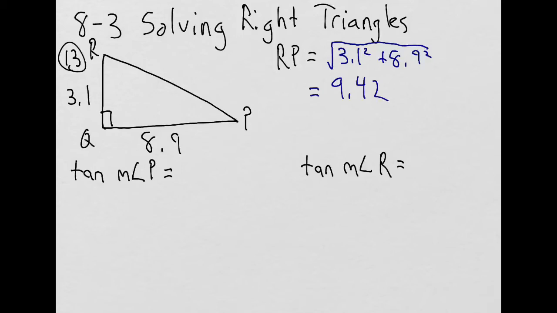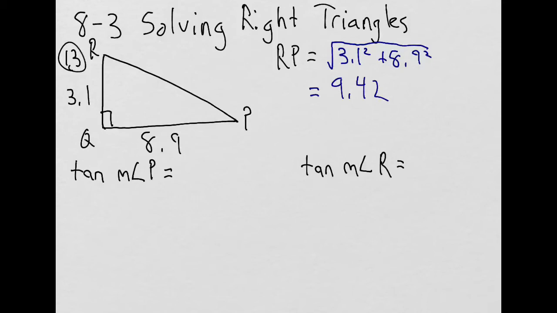I think it's usually best to use the givens, because if you use the one you calculated and made a mistake there, that mistake will carry over to your other measurements as well. So I'm just going to use the two sides that were given, the 3.1 and the 8.9. So I'm going to find the tangent of the measurement of angle P.